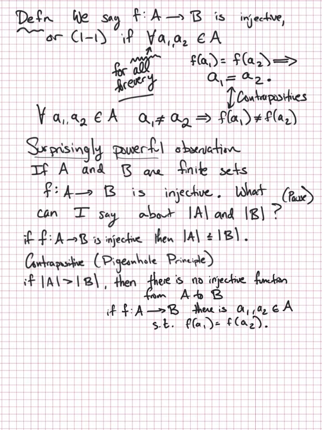So this seems kind of completely obvious, right? If you have more things and you map them over to fewer things, then at least two of the things are going to go to the same place.